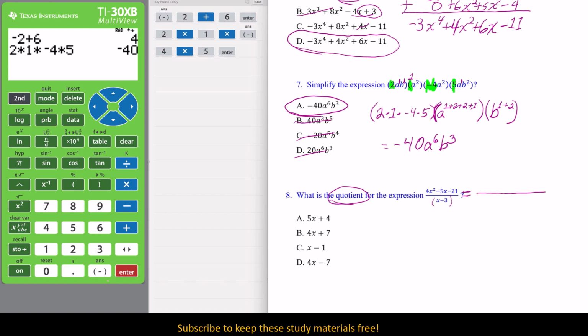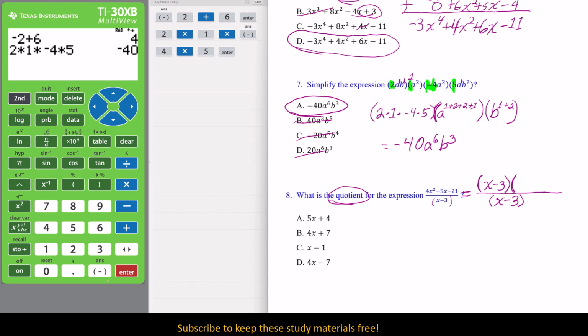First, I'm suspicious that we might be able to factor the numerator, and then do some cancellation and quickly see the binomial that we need. So x minus 3 would have to be in there if we're going to cancel.